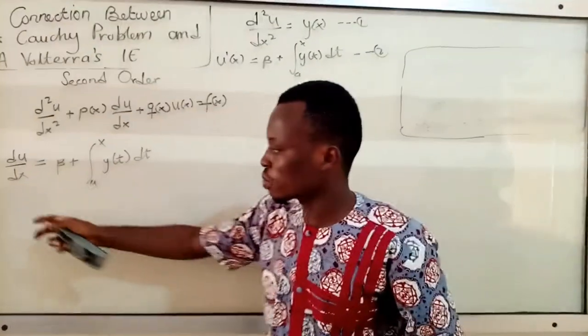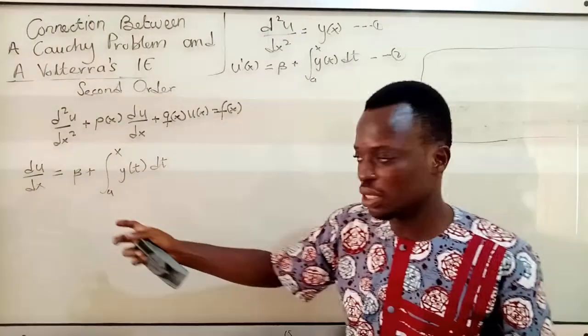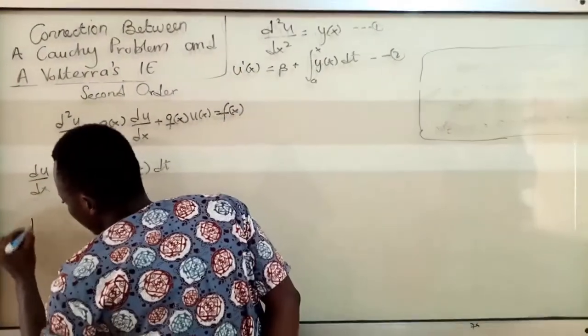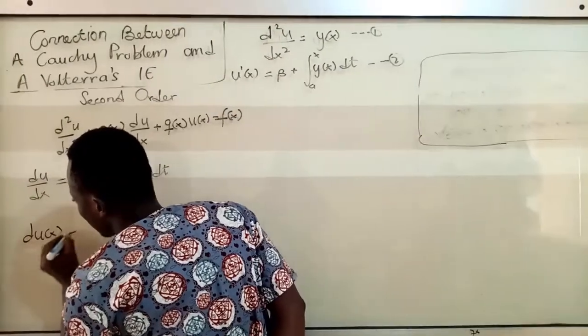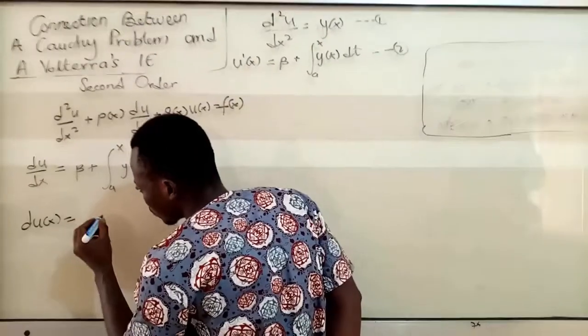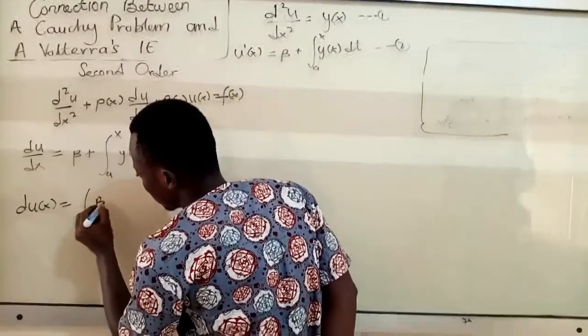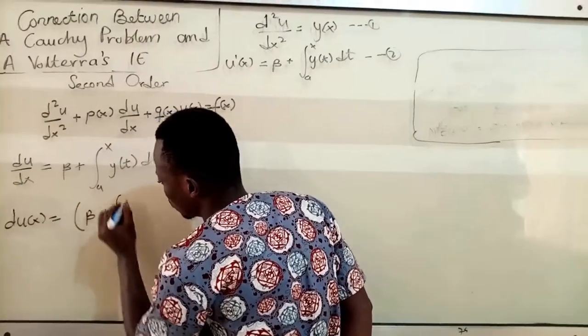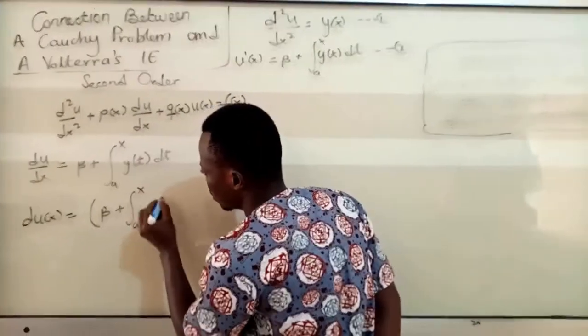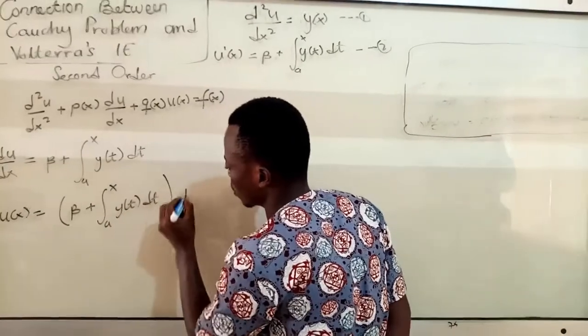Now let's multiply both sides by ds. I'm going to have du of s equal to beta plus the integral from a to s of y of t dt ds.